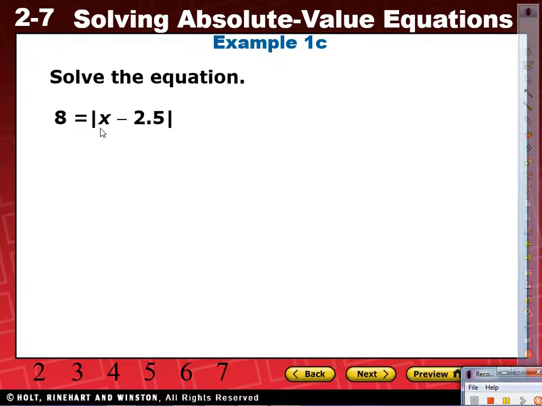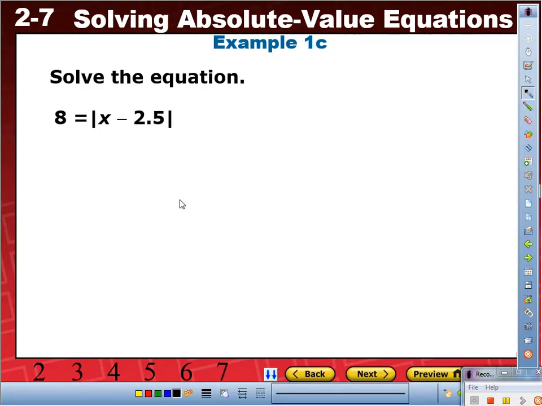8 equals absolute value of x minus 2.5. Close the absolute value. All right, here we go. Pens down, eyes up here. Focus. Compared to the other ones we just did, notice that this one now has something else inside of the absolute value. However, outside of the absolute value, is there anything we can get out of the way, on the right side or the left?